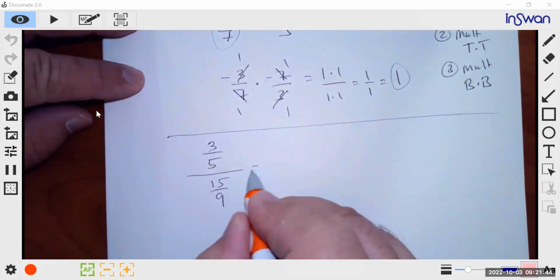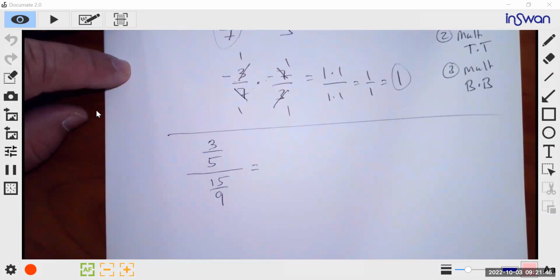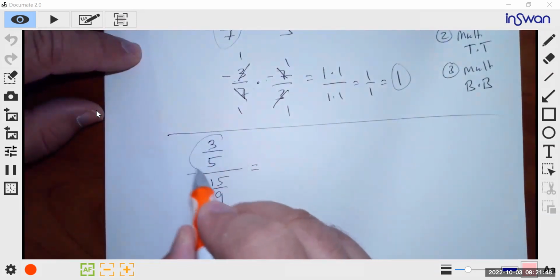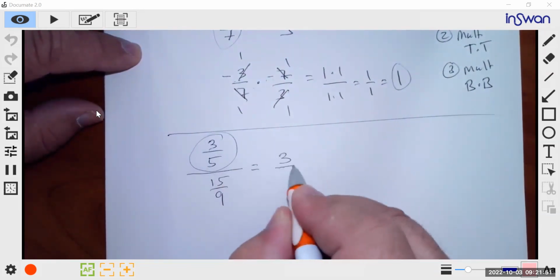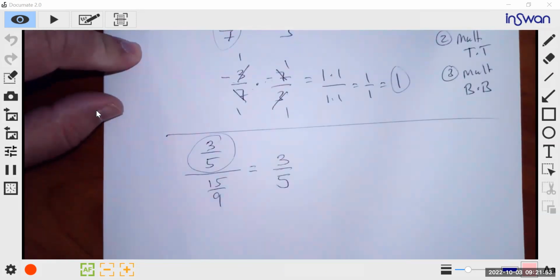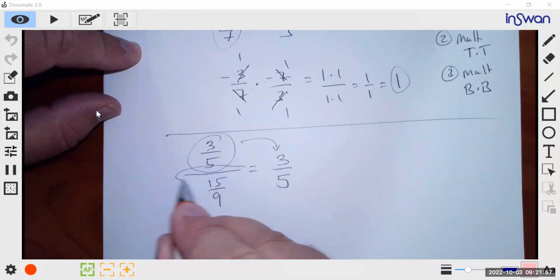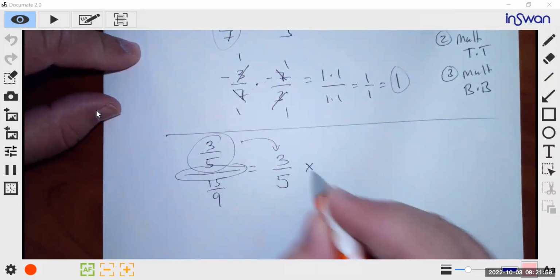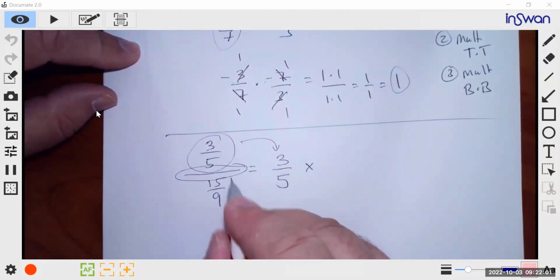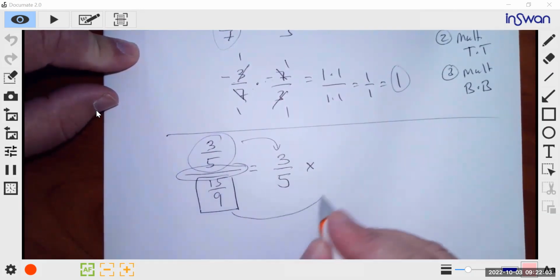Whenever you have a fraction over a fraction, take the top fraction and leave it alone. Change the division to multiplication and flip the bottom.